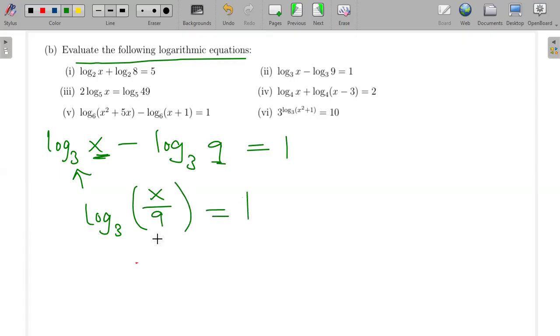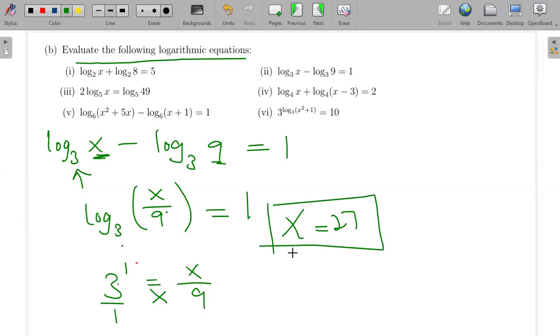From here, I change to exponential. Base to the power answer is equal to what is in the middle. So we can say 3 over 1, and then we cross multiply. So x will be multiplied by 1. I just get x = 3 multiplied by 9. I get 27. So my x there is 27.